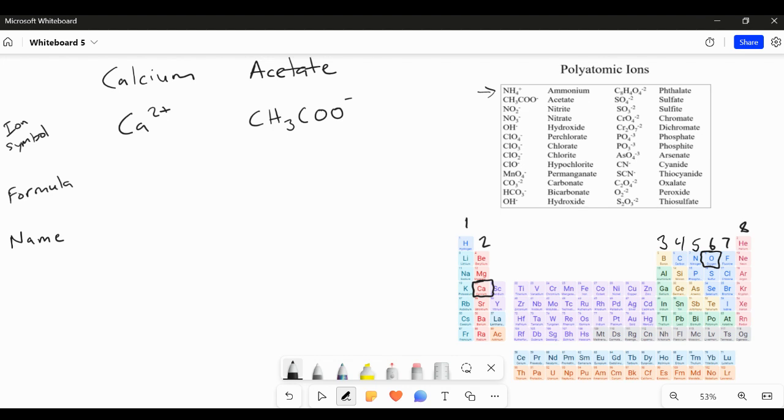Now, you might sometimes see acetate as C2H3O2-. And if you total these up, you'll see that they're actually the same as each other. So it really depends on who's writing it, which way it looks. Okay? But for the sake of consistency, I'm going to write it the same way as it appears on this table, which is right there. Now, I'm going to borrow a math strategy.